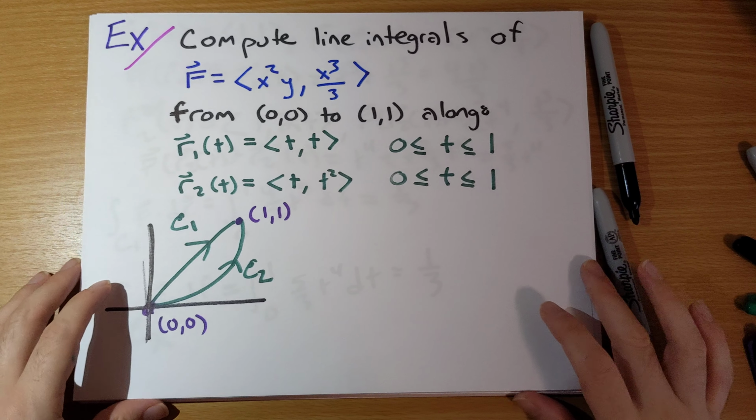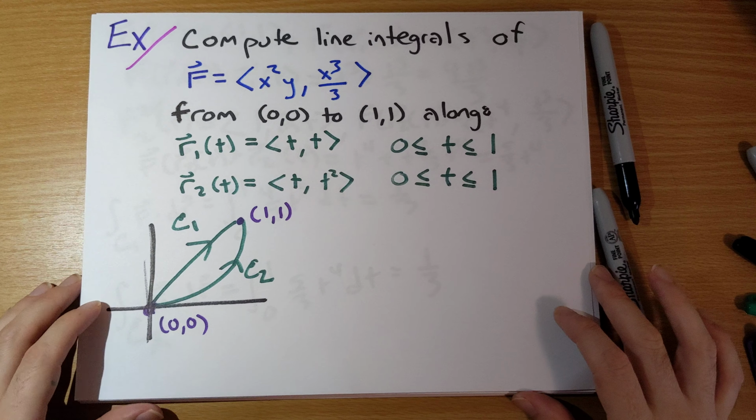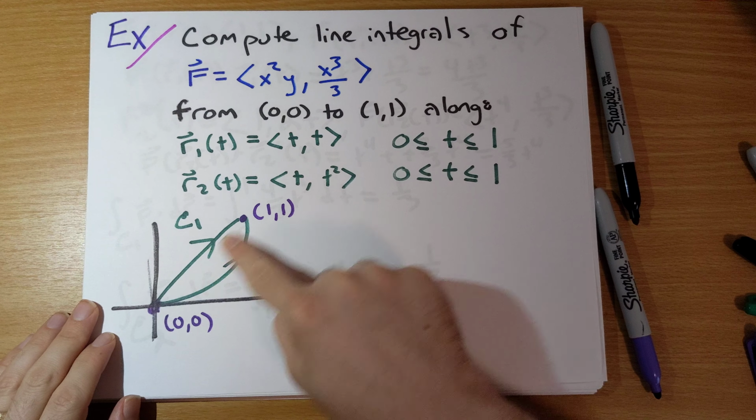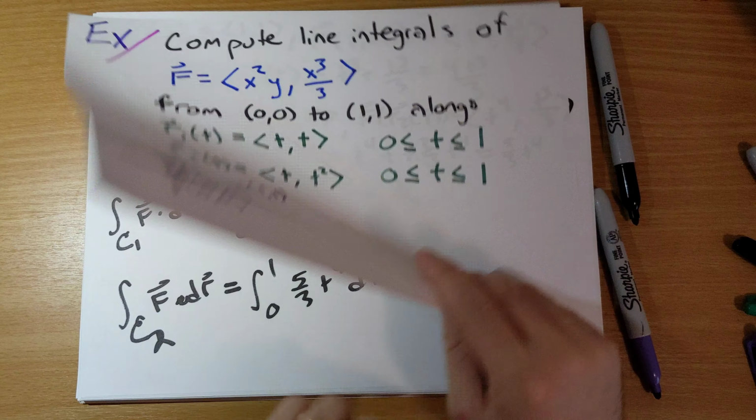And in fact, for any curve that you could take, if we made this curve C3 that started at 0, 0 and ended at 1, 1, it doesn't matter how weird it would be, if we compute the vector line integral, we would still get 1/3.